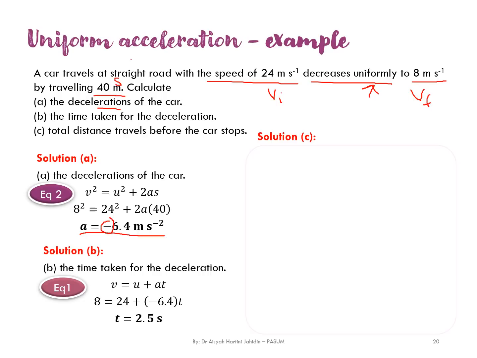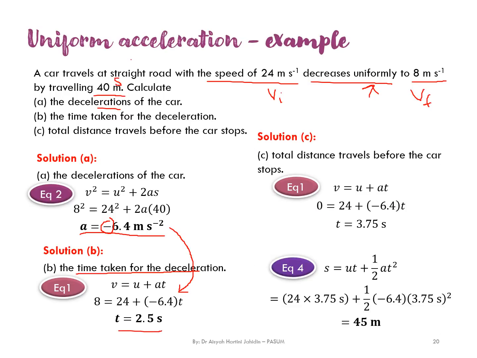Then for B, we need to calculate the time taken for the deceleration. By using the first equation and substituting all the given parameters, and also a from part A, we get t equals 2.5 seconds. And for the last question, before we can calculate the total distance traversed before the car stops, we need to find t, because the keyword here is the car stops. So v final now equals 0.